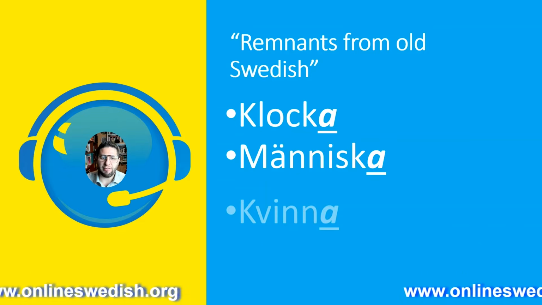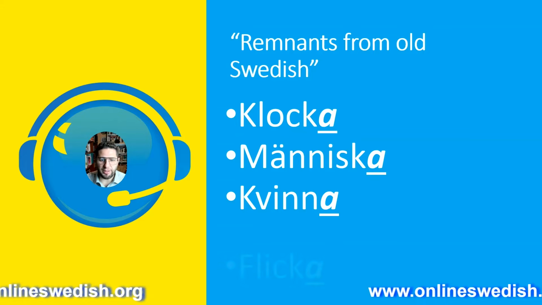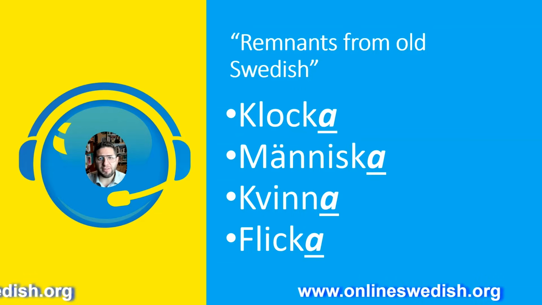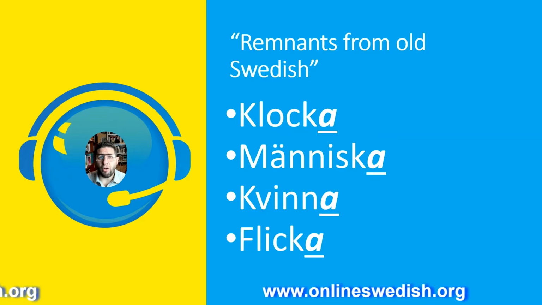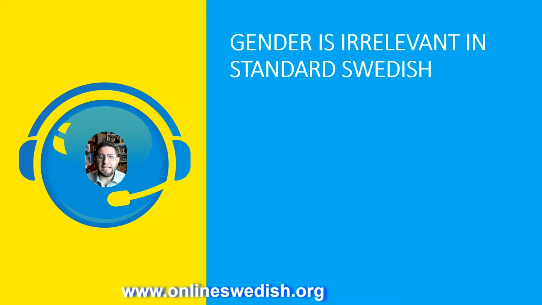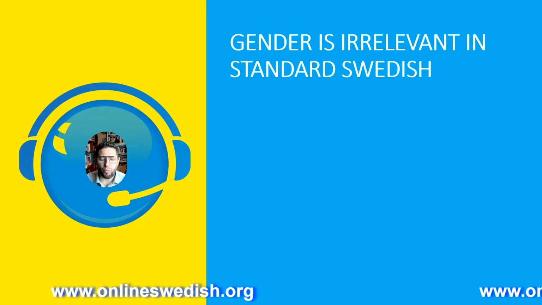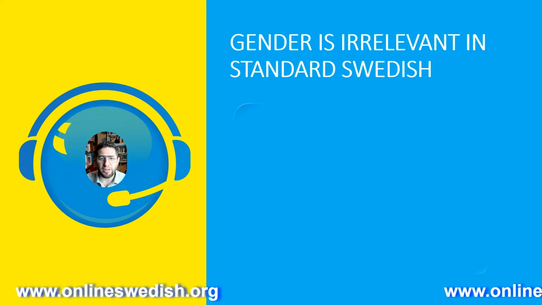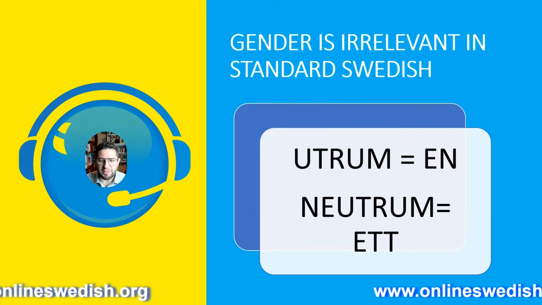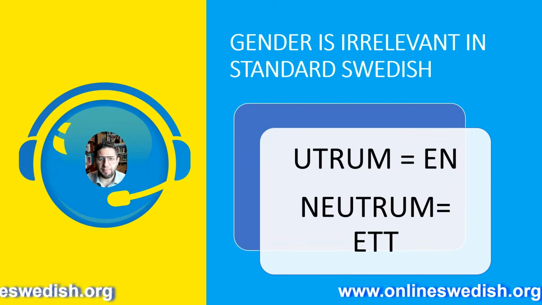And then of course we have kvinna, woman, and flicka, girl. So this is a remnant from Old Swedish, although we can say that in Swedish dialects three genders are still alive, but it is not relevant for standard modern Swedish. What we care about only and only is utrum and neutrum, en words and et words. That's it.